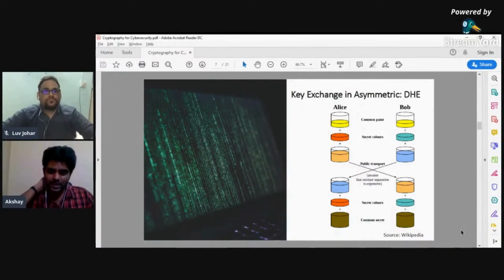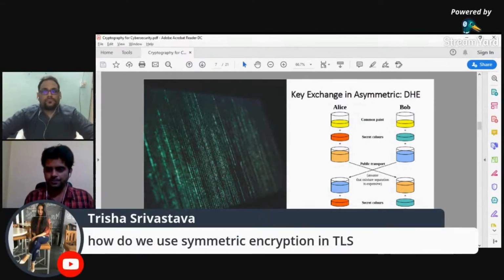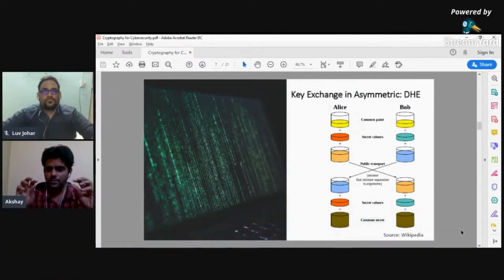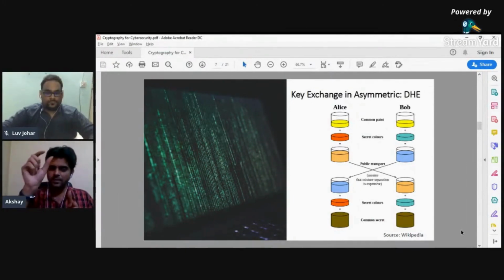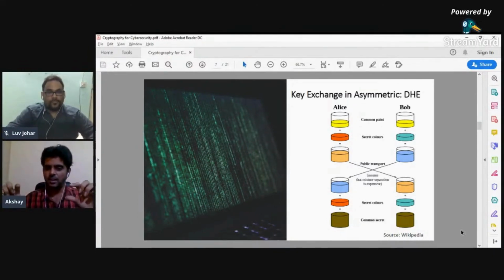Take an example of two people, A and B, who want to exchange some information. I have a common paint, then A has their own secret color and B has their own secret color. When I mix this common paint with the specific secret color, I get different colors for A and for B.